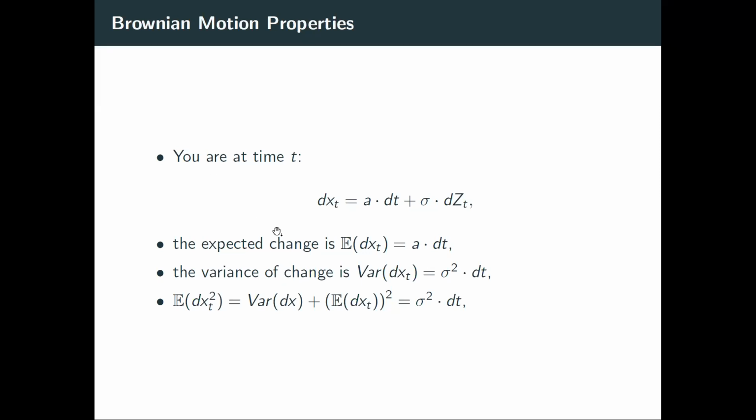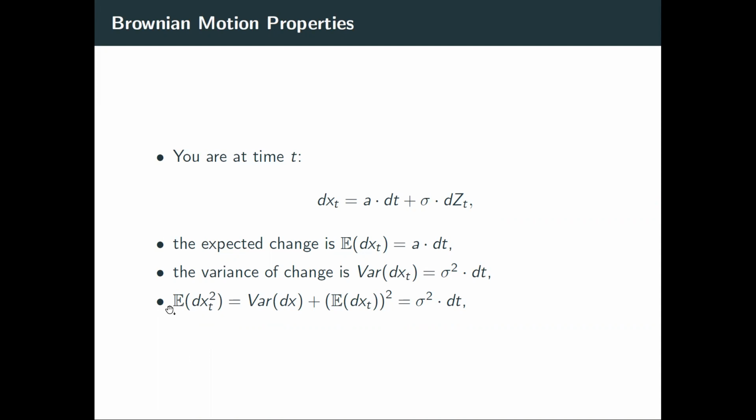So I proceed with the variance. The variance of this part is 0, and the variance here is equal to dt. And when you multiply by some constant, the variance becomes sigma squared times dt.